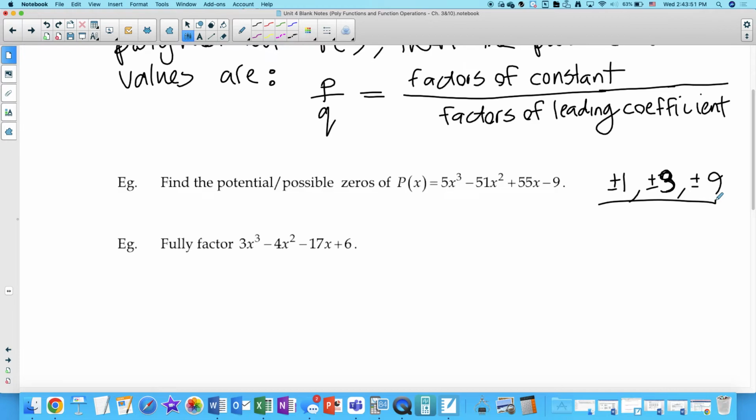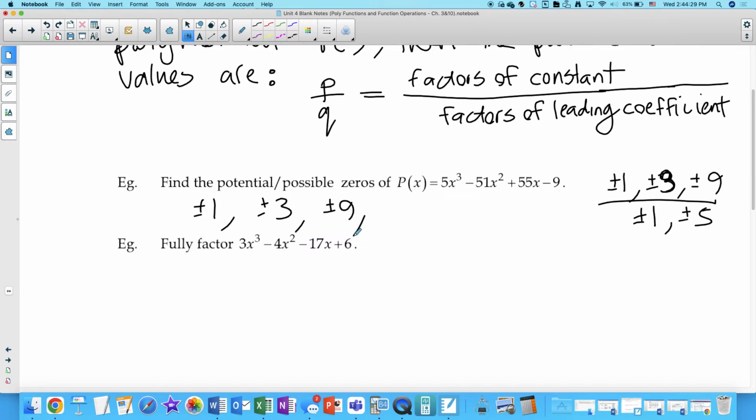Now, we actually want to list a set of numbers, not just a list of possible numerators and possible denominators. So what I like to do is go through them one at a time with each denominator. Plus or minus 1 over plus or minus 1 is plus or minus 1. Plus or minus 3 over plus or minus 1, also plus or minus 3. Plus or minus 9 over plus or minus 1 is plus or minus 9. Then we have to do the same thing with the other denominator of 5.